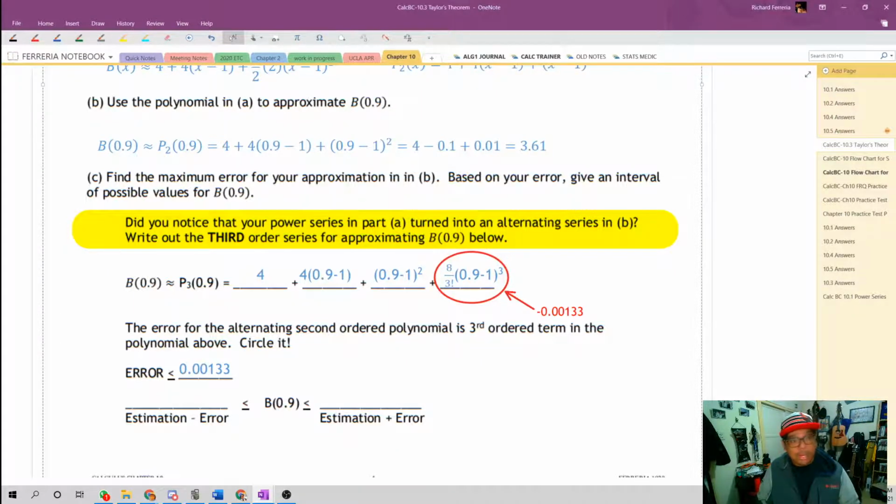Now, in order to create this interval, we're going to take our estimation plus the error and the estimation minus the error. So the actual value of b evaluated at 0.9 has to be somewhere between 3.60867 and 3.61133. It's a pretty small margin over there. So that tells me that even using 3 terms, a second ordered polynomial, we got ourselves a pretty good approximation.